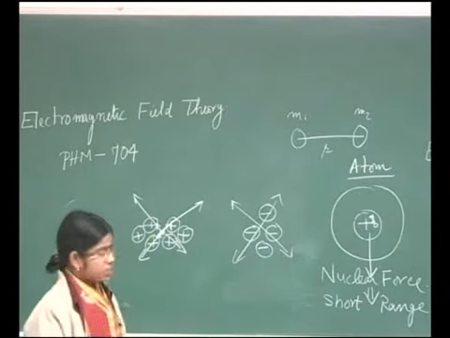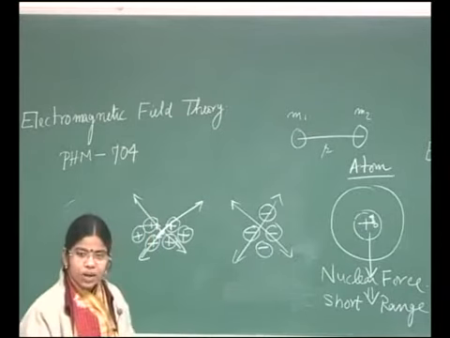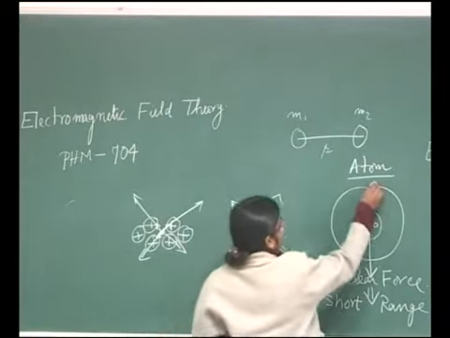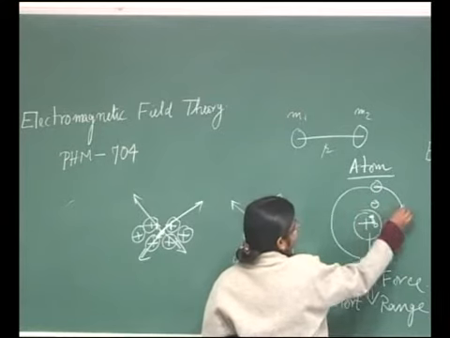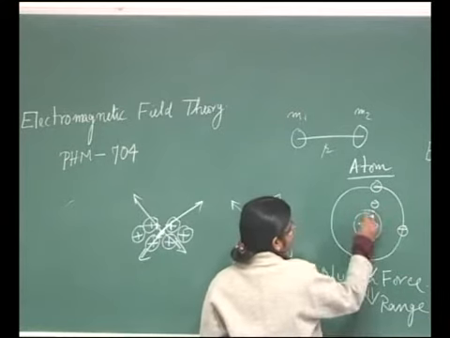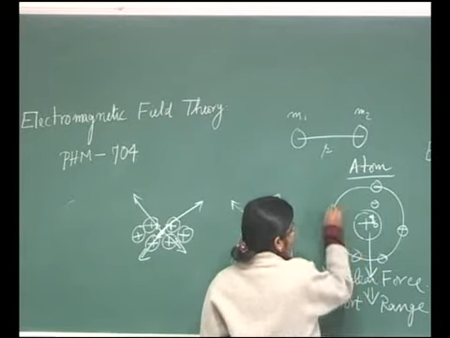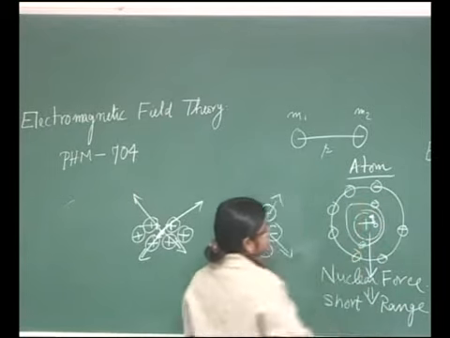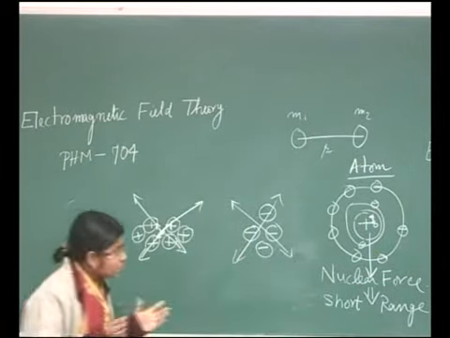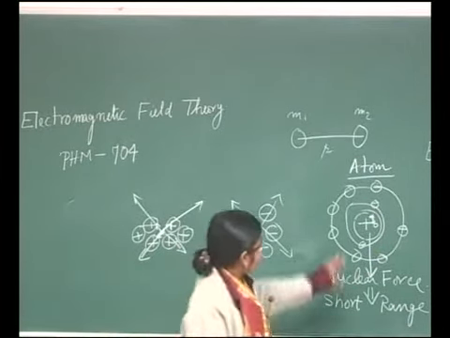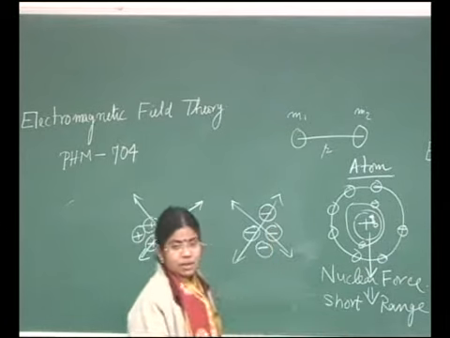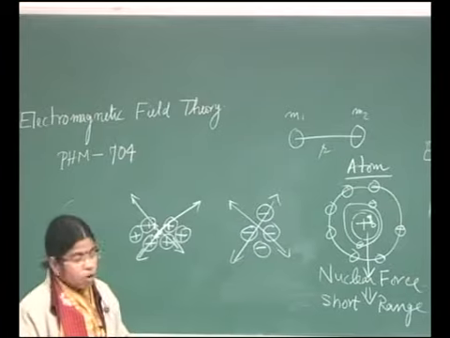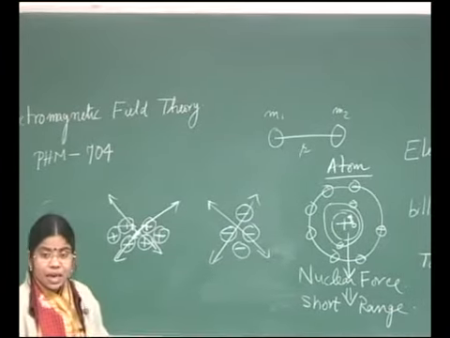Now another question: we could explain why the nucleus stays together, but there are electrons in the nearby orbits, orbiting in some trajectories. Why do these electrons not fly apart? Why doesn't the matter explode? Why are all these electrons orbiting without any problem in some trajectories?